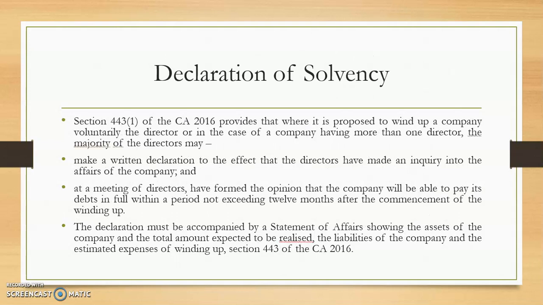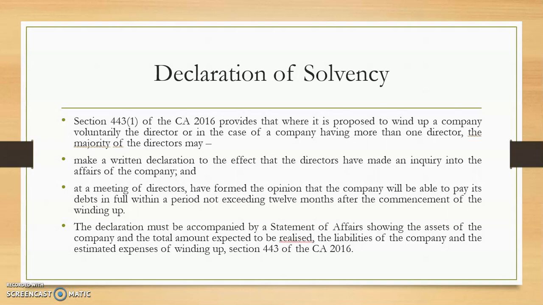Section 433 provides that where it is proposed to wind up a company voluntarily, the director, or in the case of a company having more than one director, the majority of directors, may make a written declaration that they have made inquiry into the affairs of the company and are of the opinion that the company is able to pay its debts. So this is more of the voluntary winding up.